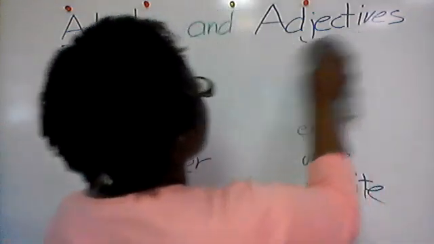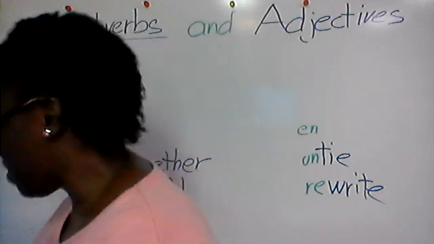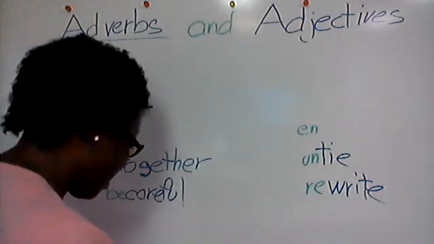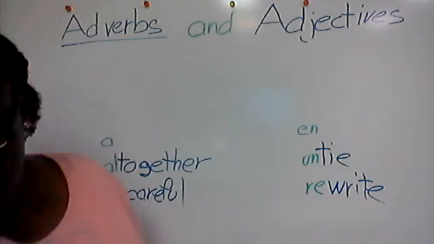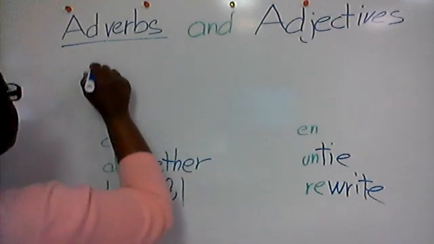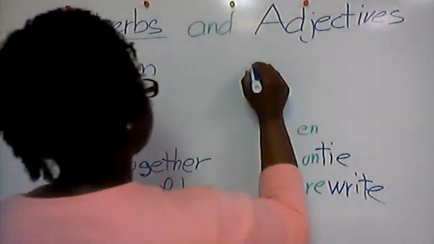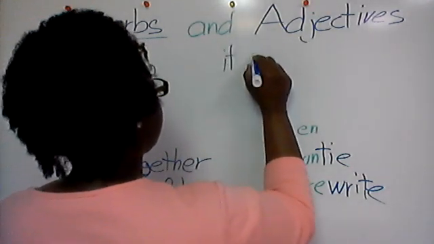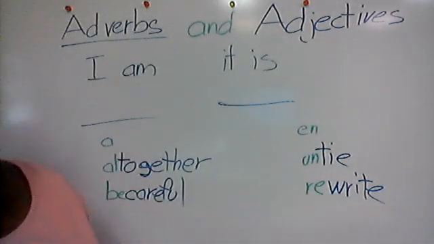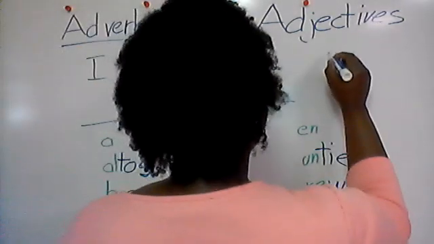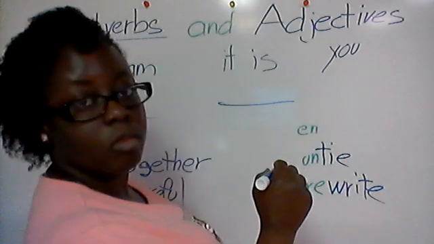And hopefully you at home are probably faster than me, or you're yelling at me through the screen, Miss Congampo, I know one for en, or I know one for un. It's okay, you can post in the comments below. So I have I am. It is. And you are. Make sure you can see that.